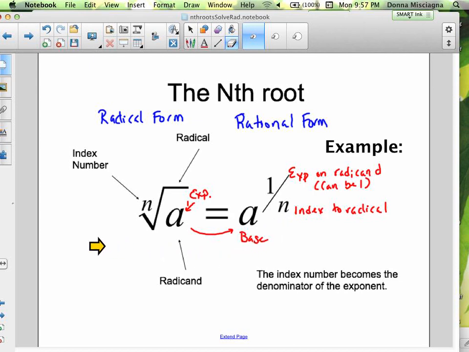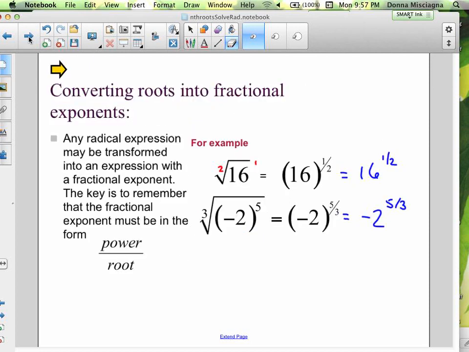So the index number becomes the denominator of the exponent, and if there's an exponent, that becomes the numerator. So if we have the nth root of a, that could be rewritten in rational form as a to the 1 over n. So converting roots into fractional exponents.